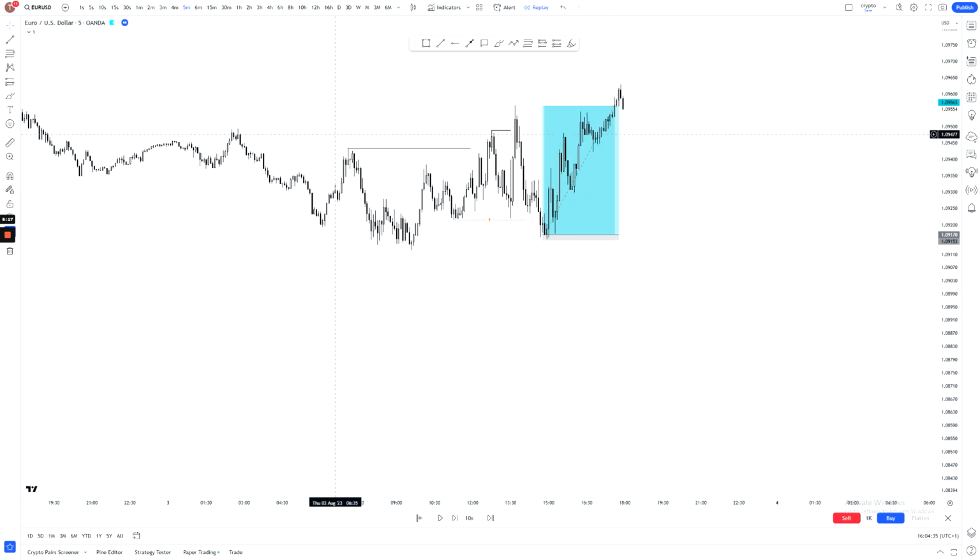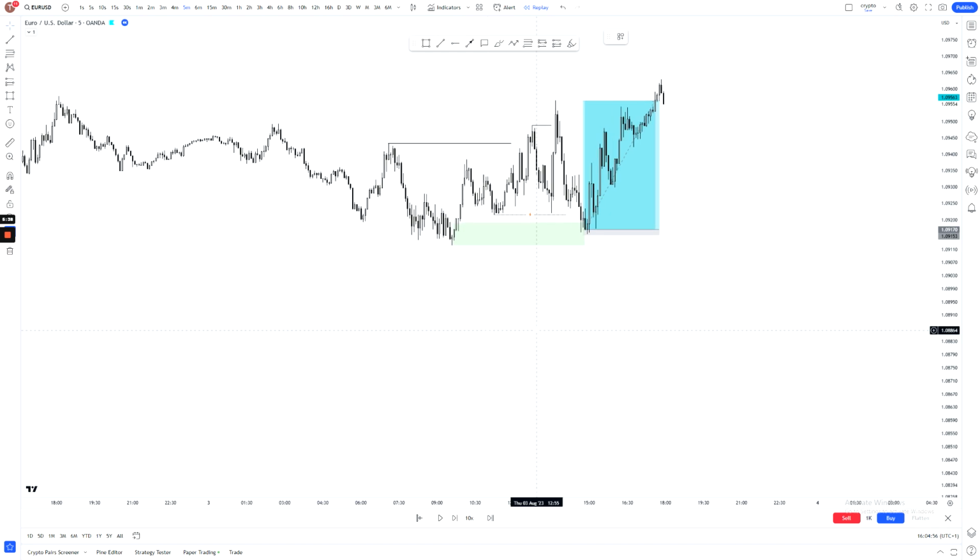Cool. So where do I choose my zones? So I like extreme zones, which is this zone here, which could be classed as the last up move, the last down move before the up move, which correlates to an unmitigated high time frame area of interest or order block.